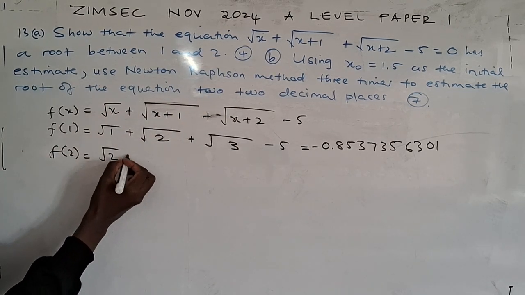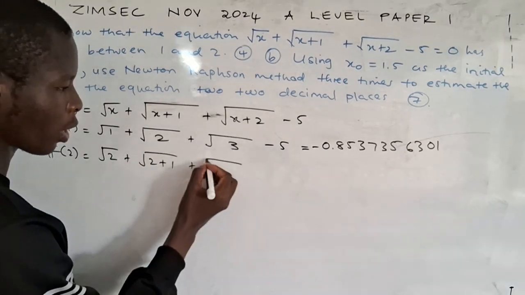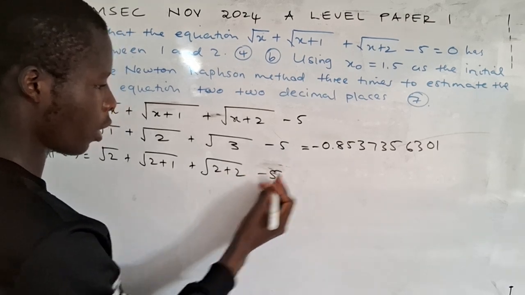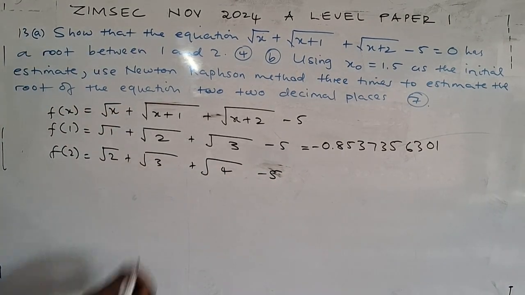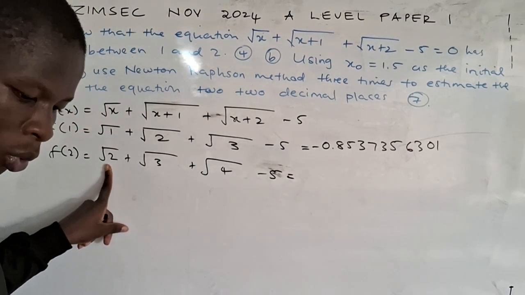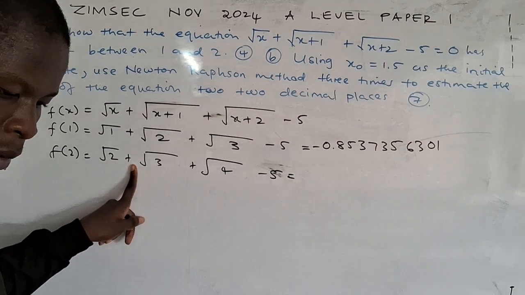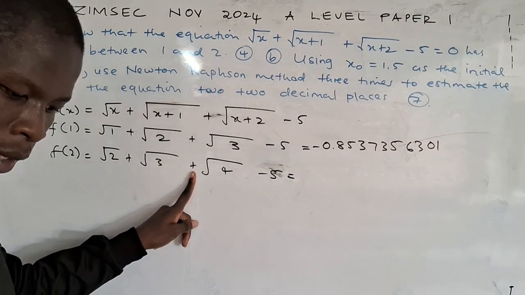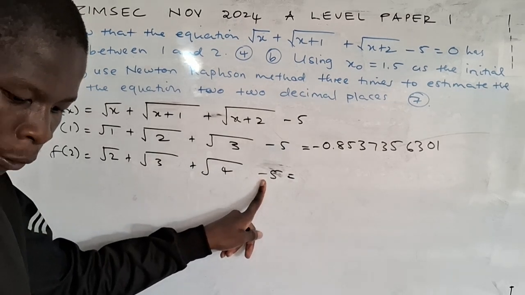Now we are supposed to calculate f of 2, which is the square root of, we place a 2 here, plus the square root of 2 plus 1, plus the square root of 2 plus 2 minus 5. Now 2 plus 2, what is the answer? This is 4. 2 plus 1 is 3. Which is equal to the square root of 2 plus the square root of 3 plus the square root of 4 minus 5.